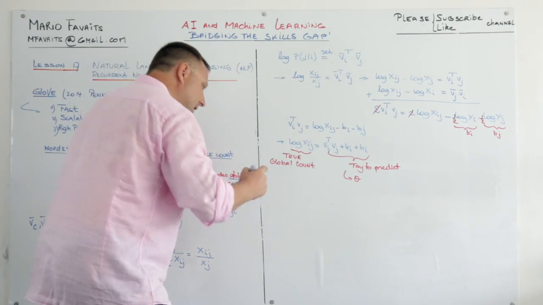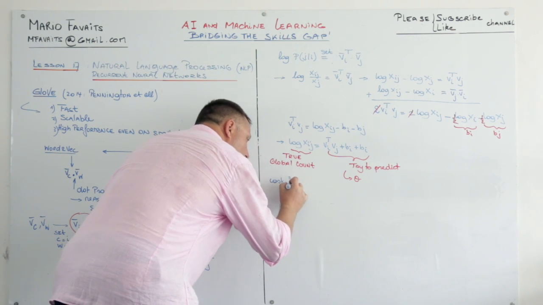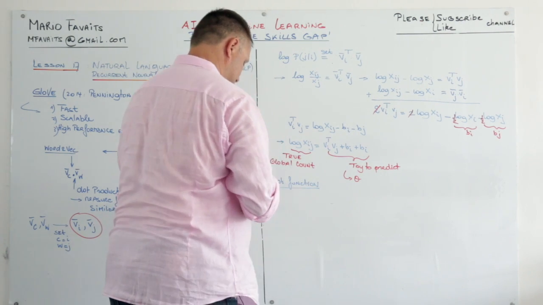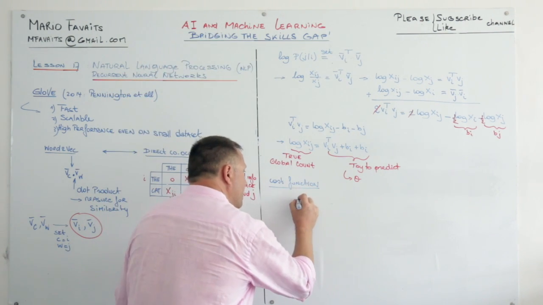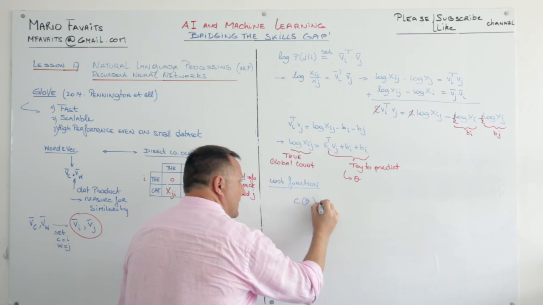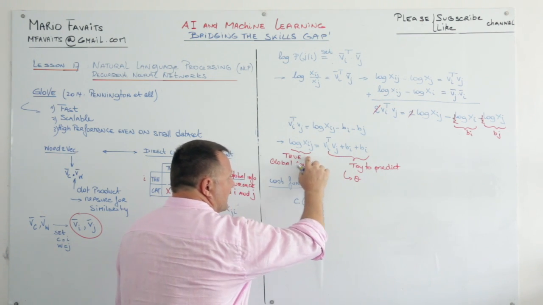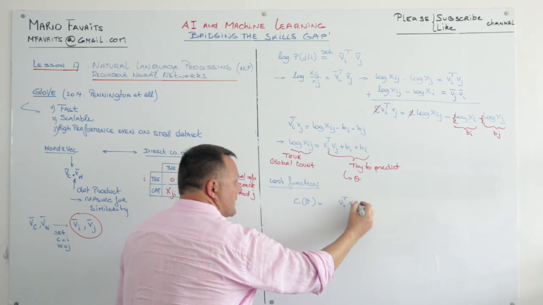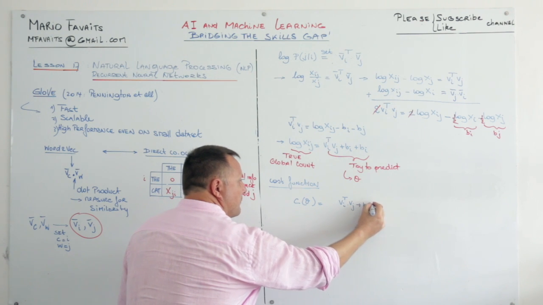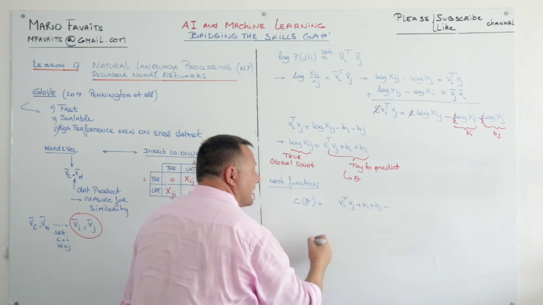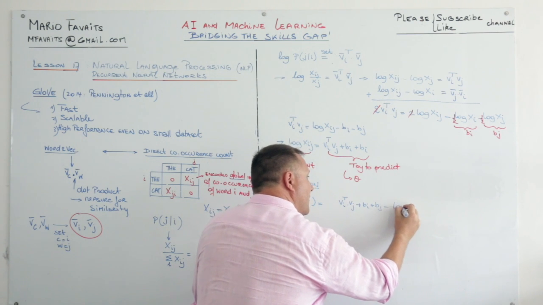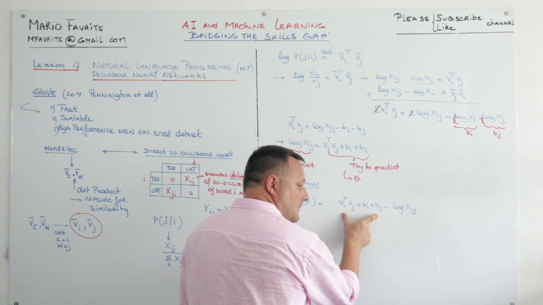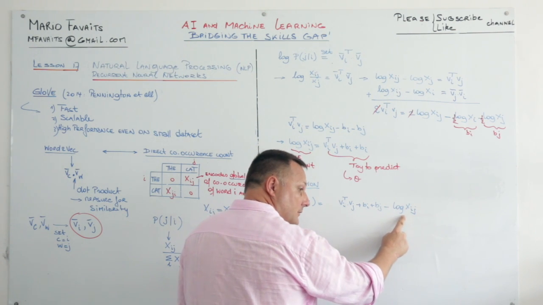Alright? So it's quite obvious our cost function will be C of theta equals, and I'm gonna take this one, Vi transpose Vj plus bi plus bj, and I'm gonna subtract this log of Xij, because that is what I'm trying to predict, and that is a true value.